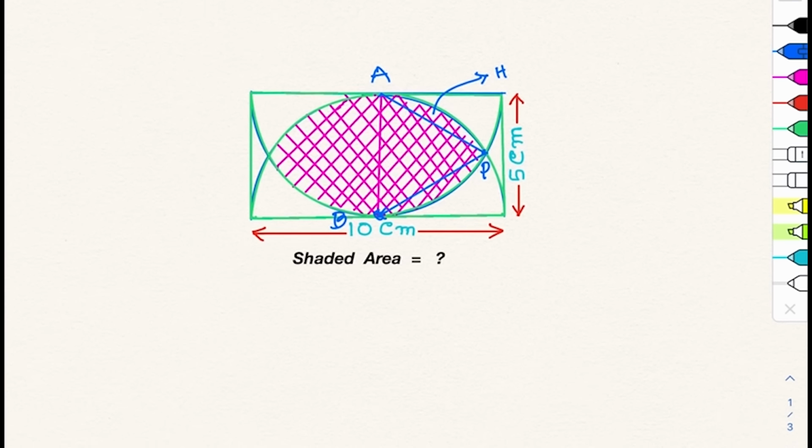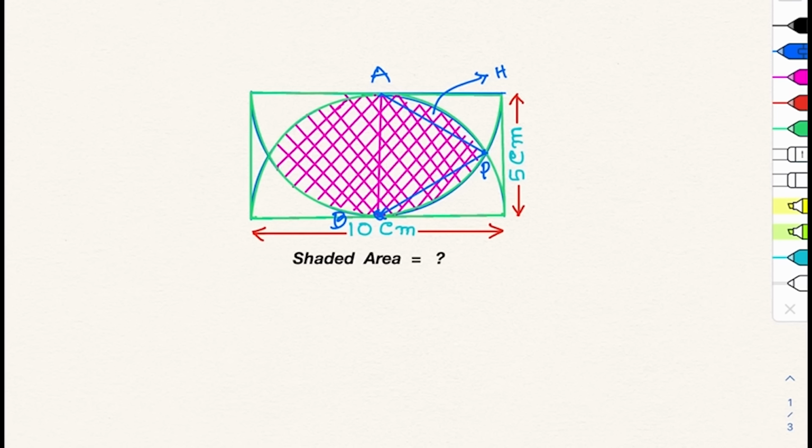PA is the radius of the circle, because with A as the center, the half circle goes through P. So AP is the radius, that is 5 centimeter, and BP is also the radius of the circle on the other side, with B as its center.